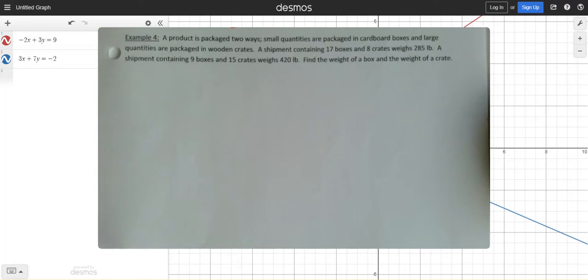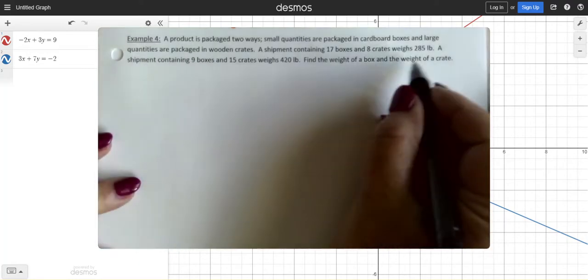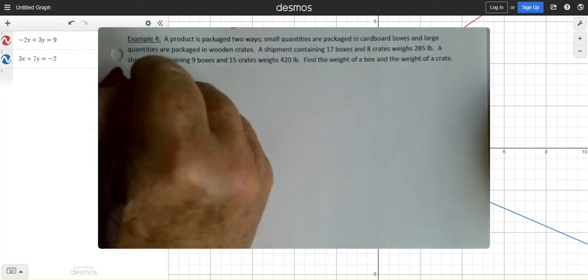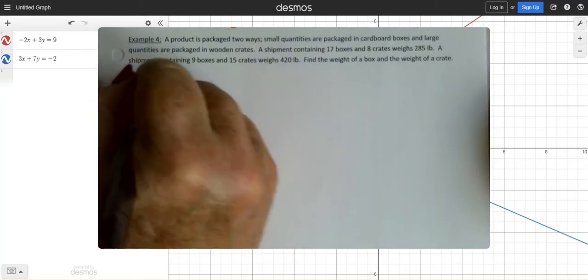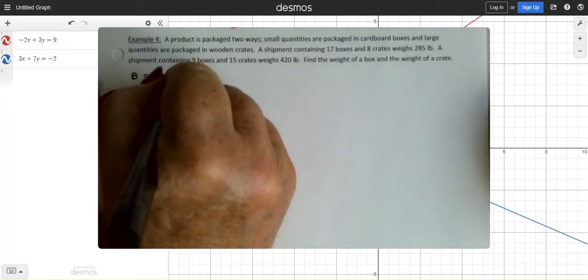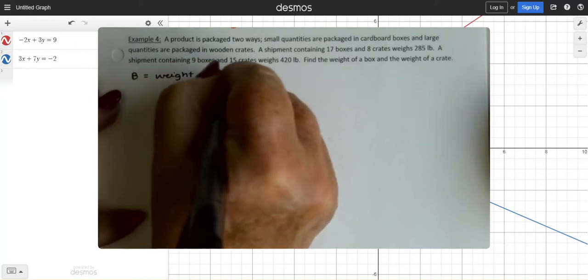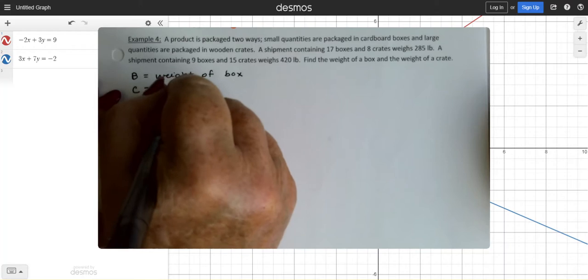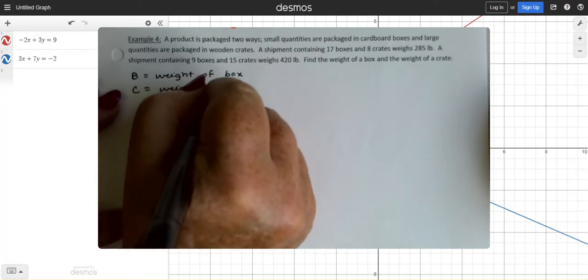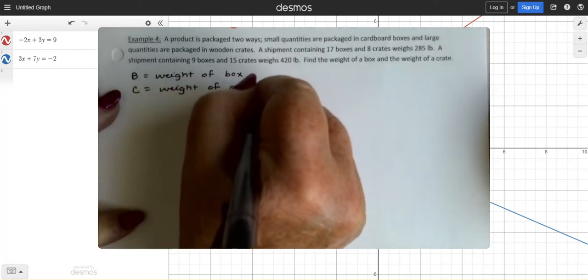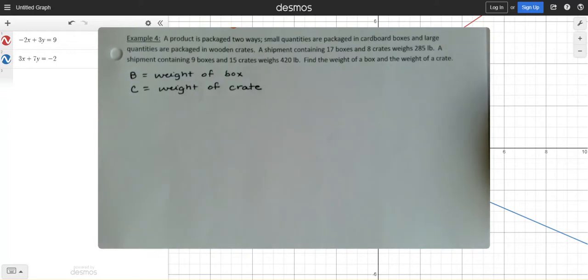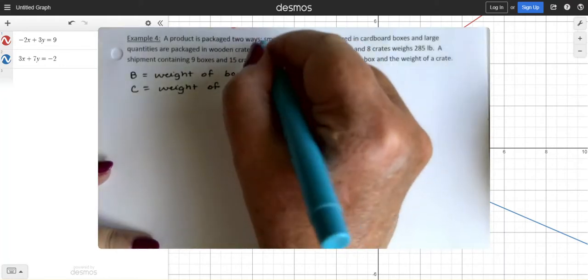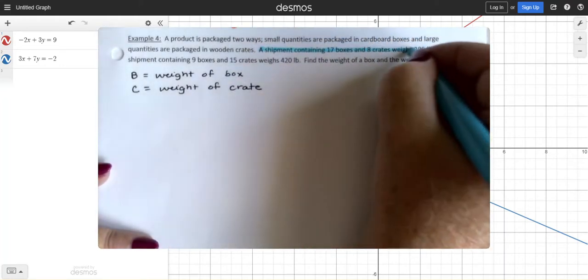Well, we want to start by defining some variables, right? Two things we want to know: weight of the box, weight of the crate. So let's let B equal the weight of a box, and we'll let C be the weight of a crate. All right, take a look at what this sentence says.